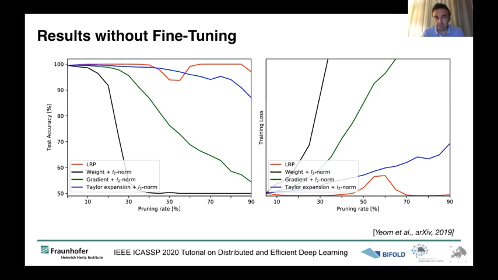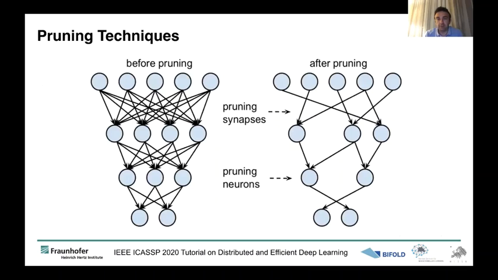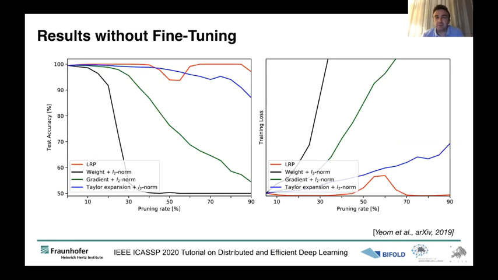But if you only have very little data for fine-tuning, or if you don't have labels, then LRP-based pruning performs very well, much better than the classical pruning criteria. But if you are allowed to do fine-tuning, then there is almost no difference between these different techniques.